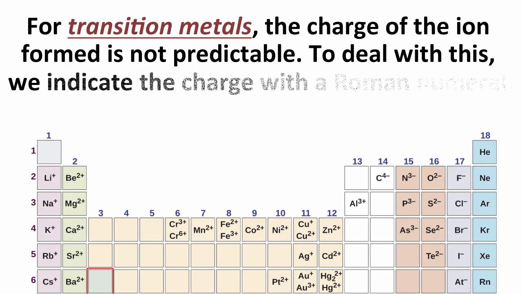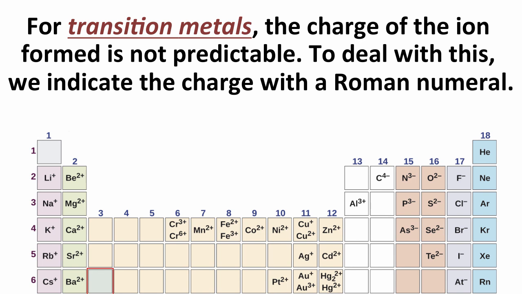Now for transition metals, as we saw before, these are the metals from groups 3 through 12, the guys in this part of the periodic table. The charge of the ion formed is not very predictable, and in fact it's variable. So to deal with this, we use a Roman numeral to indicate the charge.